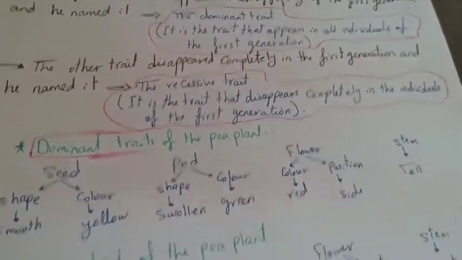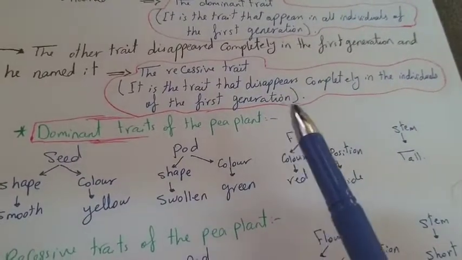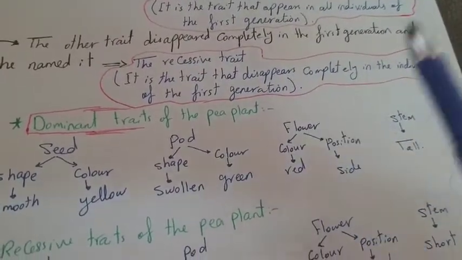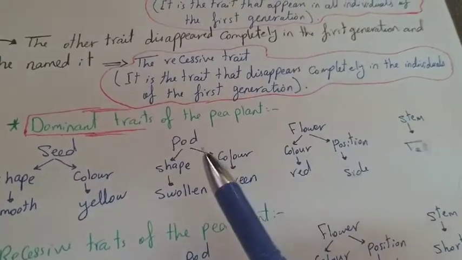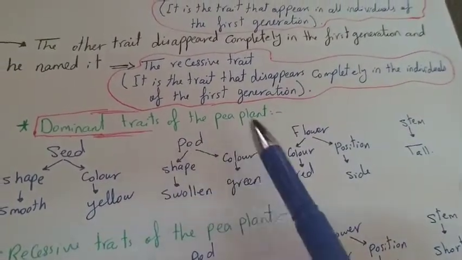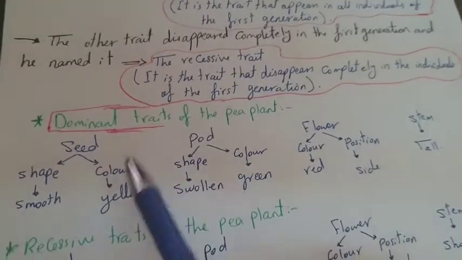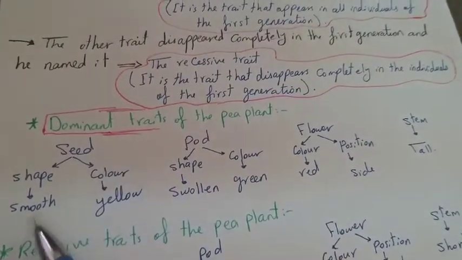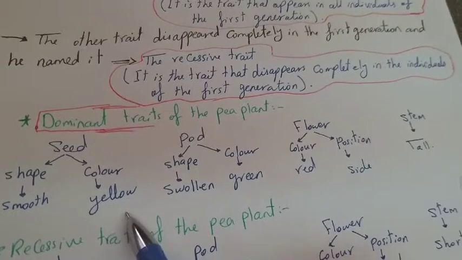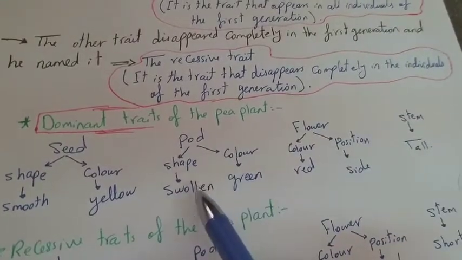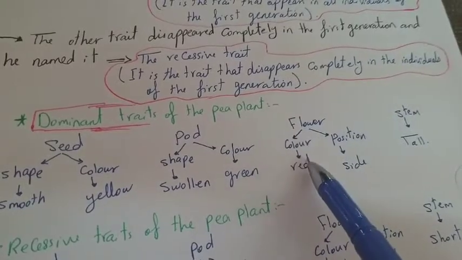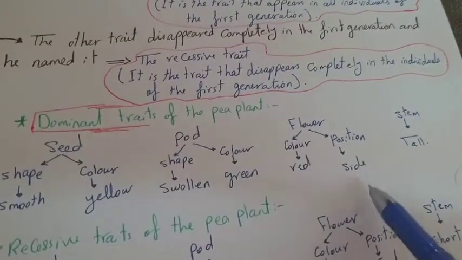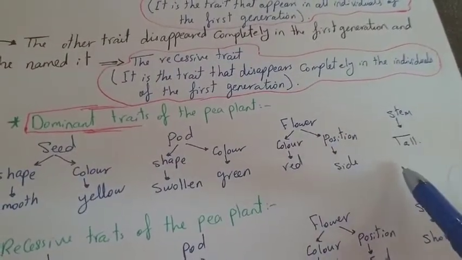After he did all the experiments on the 7 traits of the pea plant, he found that the dominant traits are: seed shape smooth and color yellow, pod shape swollen and color green, flower color red, and side position, stem tall.